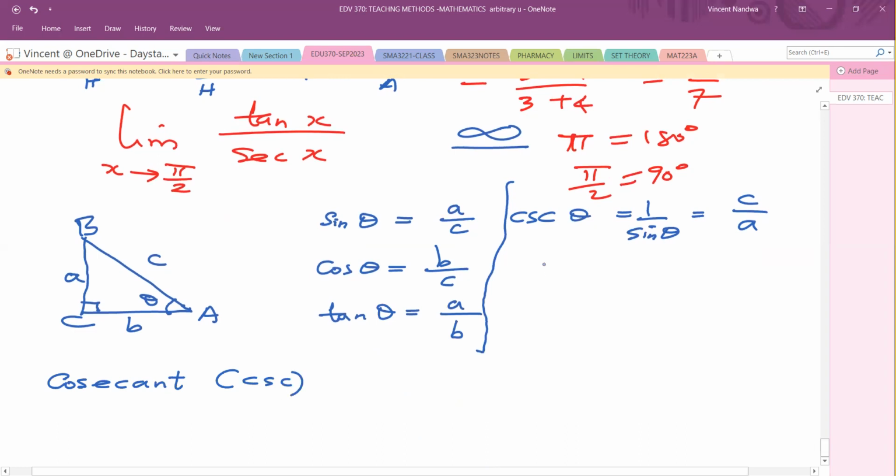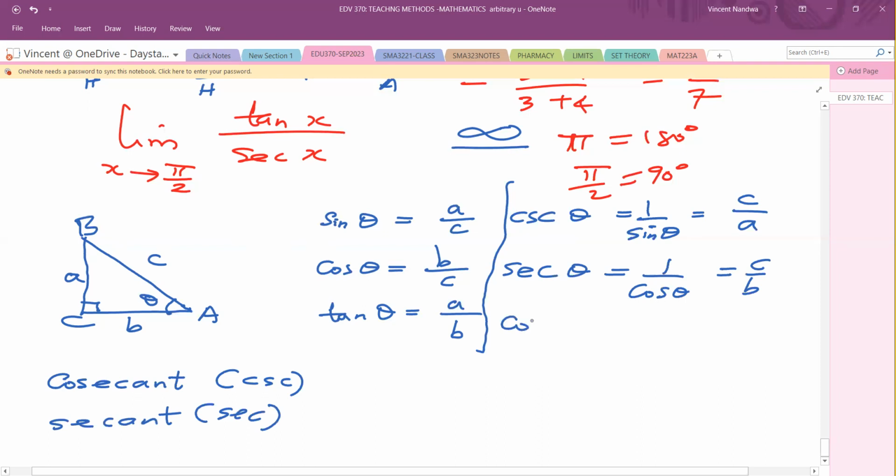And then kuna ingine inaitwa secant, sec theta ni 1 over cos. So C over B. And then kuna inaitwa cotangent, abbreviated as cot, which is 1 over tan. So itapatikana B over A. So in full inaitwa cotangent.